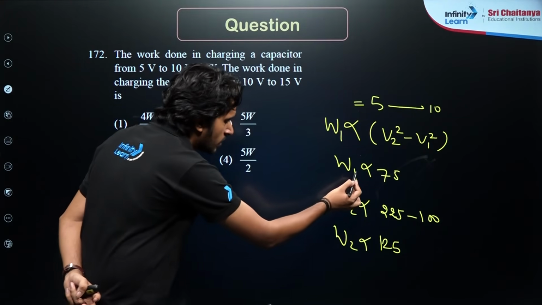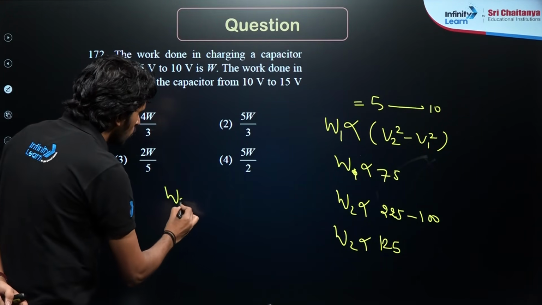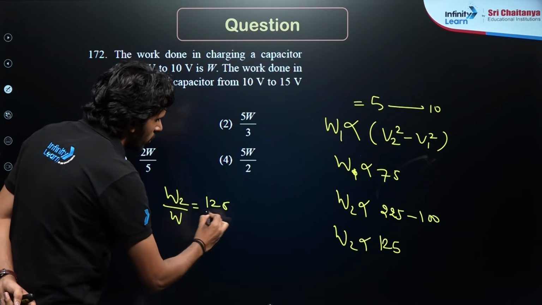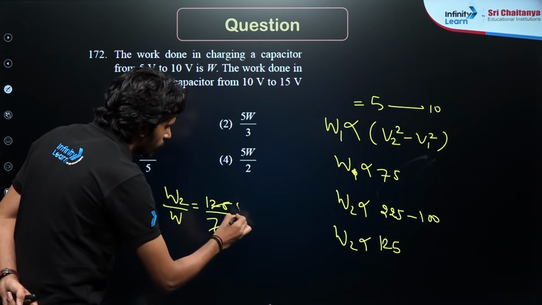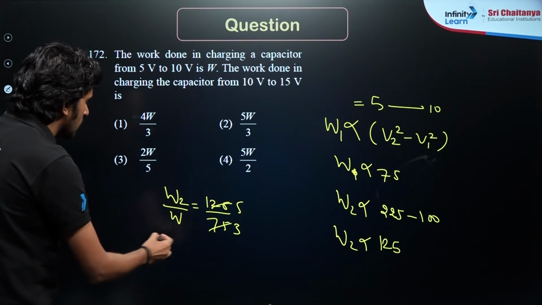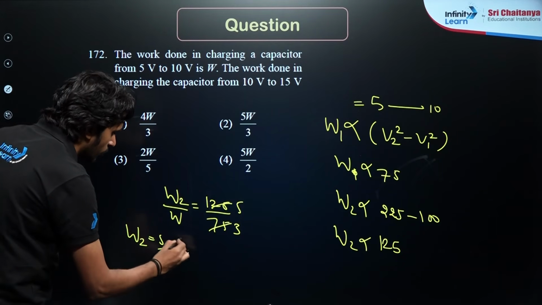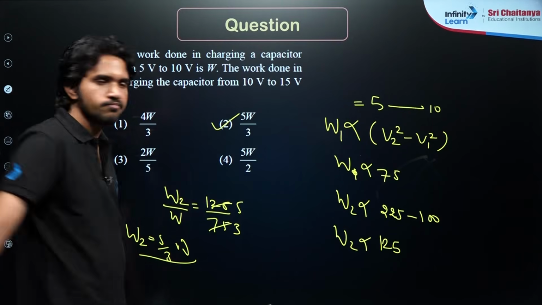Okay, so this is given as W only. So W2 would be what? W2 by W equals 125 by 75. So 25 3s are 75, 25 5s are 125. So 5 by 3 W. W2 is 5 by 3 W, means option number 2.